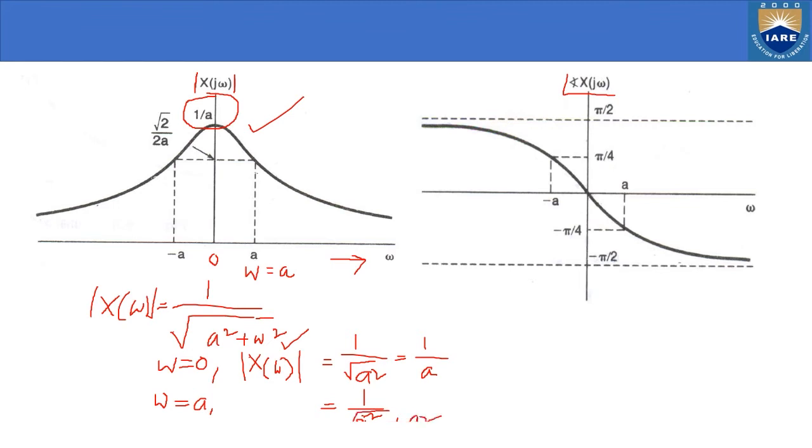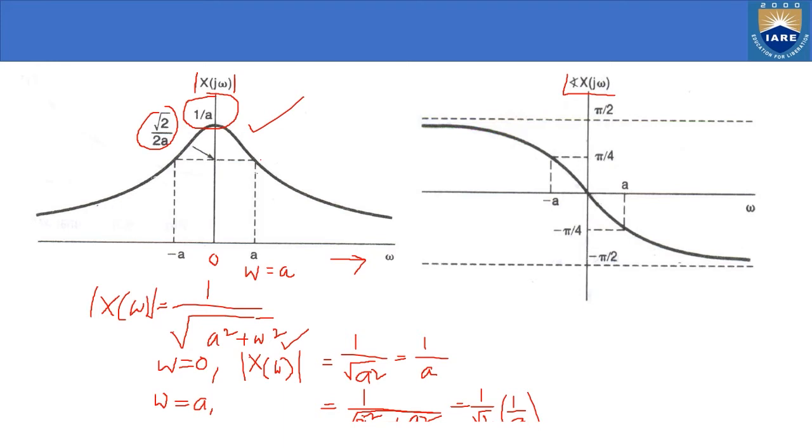Okay, so this is nothing but 1 by square root of 2 into 1 by A. Okay, this is the value you have.